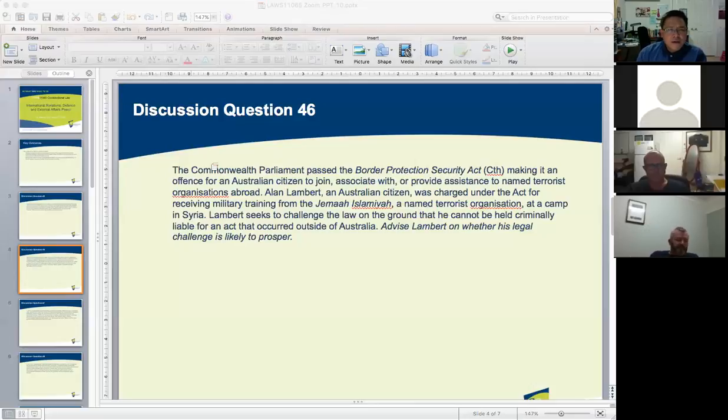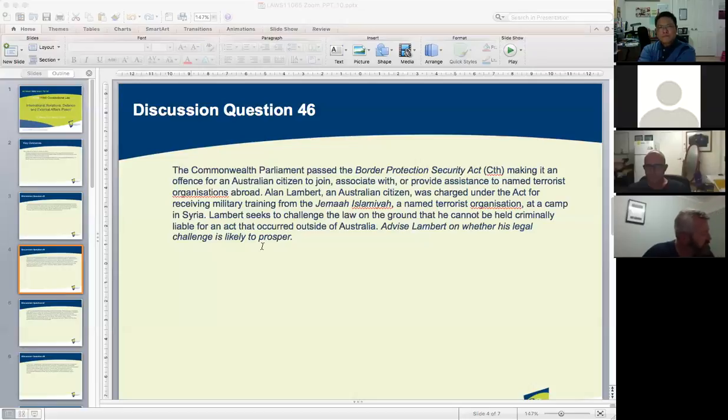Under Section 51, subsection 29, the External Affairs power, the government is able to make legislation that will apply internationally. And in a sense, I saw the issue here as partially analogous with Thomas v Mowbray, where Thomas had trained with Al-Qaeda in Afghanistan, and the High Court ruled that the control order that was applied was supported by the defence power.